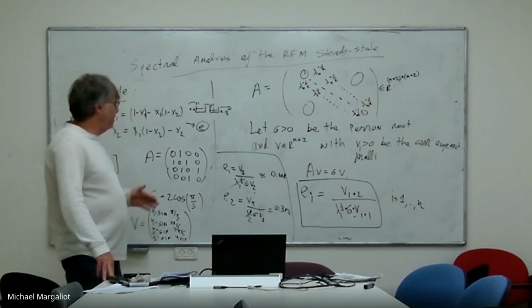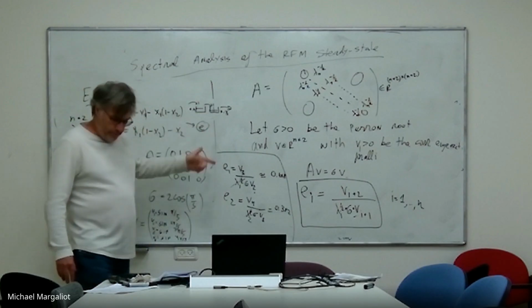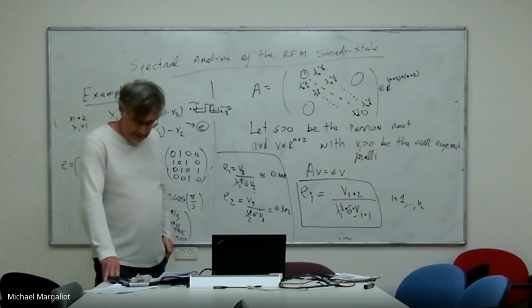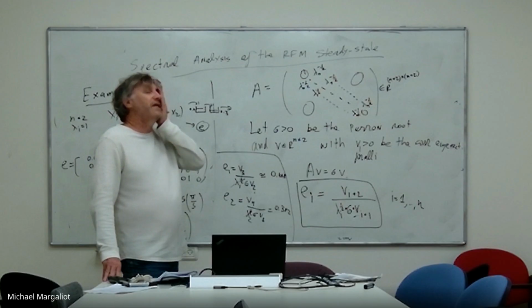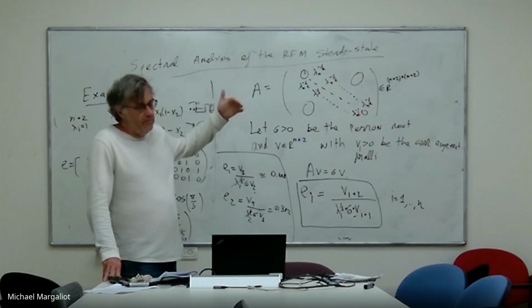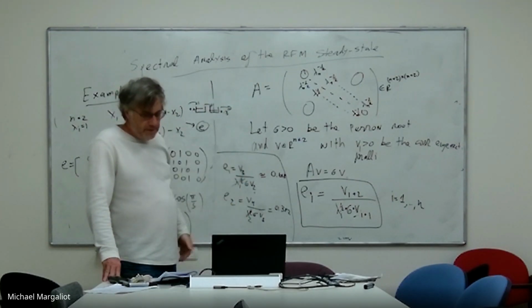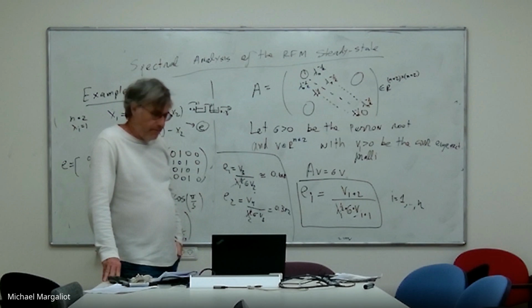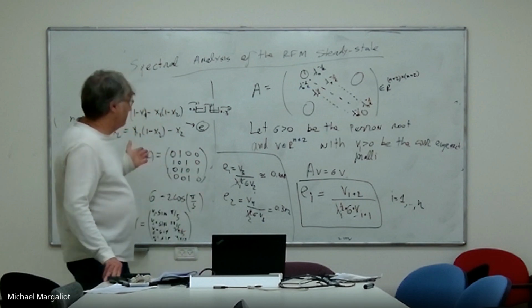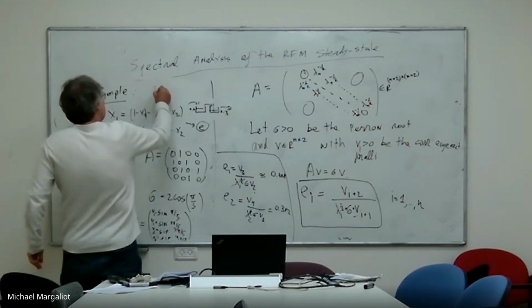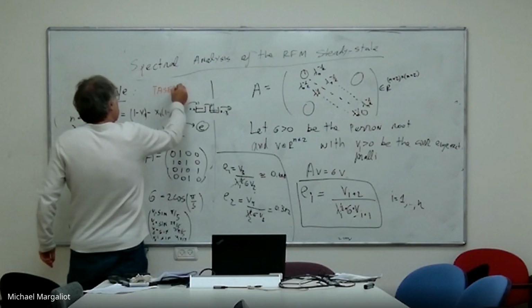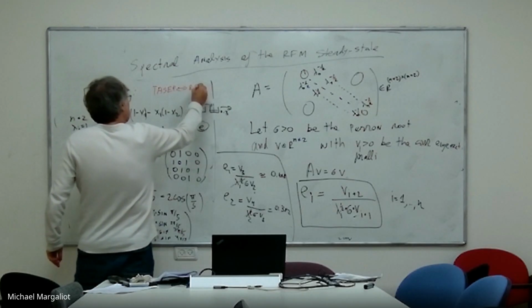Now, I remind you that in TASEP, when all the internal hopping rates are equal, and only in this case, there is a very nice representation of the steady state in terms of products of matrices, but usually these matrices have to be infinite dimensional. So what exactly is the connection between TASEP and RFM is a big question.